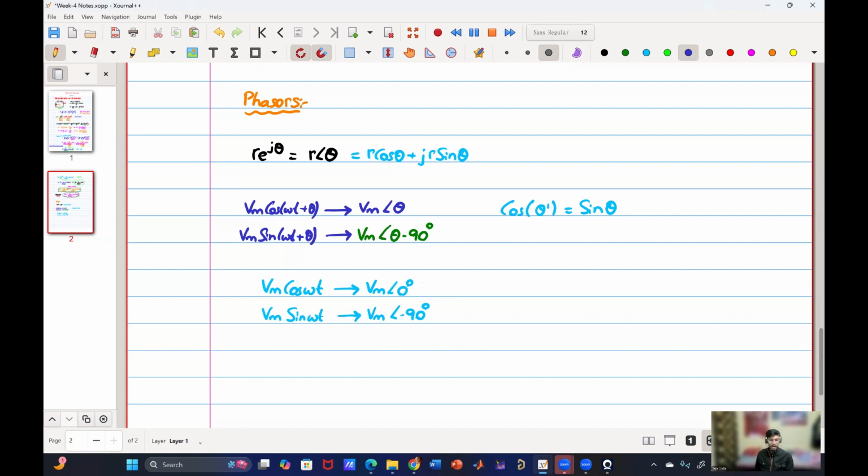In the angle we'll remove omega t and then write the rest of it. So if my input is cos omega t, we'll write Vm angle 0. If my input is sin omega t, we'll write Vm angle minus 90 degrees. So simple and straightforward, right? No confusion in the phasor. Any confusion, or is this clear? Just a notation that we'll be following in the problems.